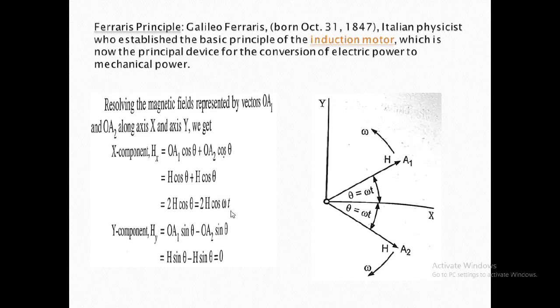And second, an alternating field can be replaced exactly by two rotating fields of half its amplitude traveling in opposite directions at synchronous speed. So based on this, students, in our next video class I will explain what the double field revolving theory and cross field theory are. Thank you.